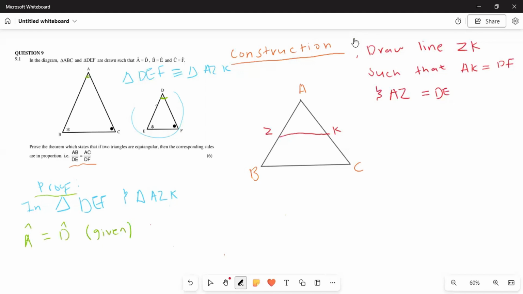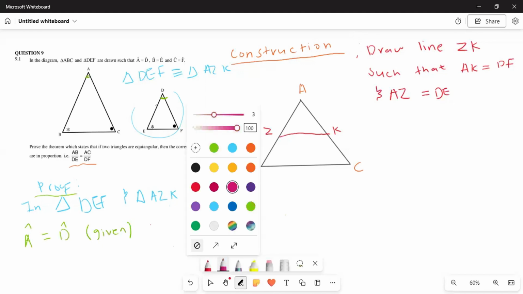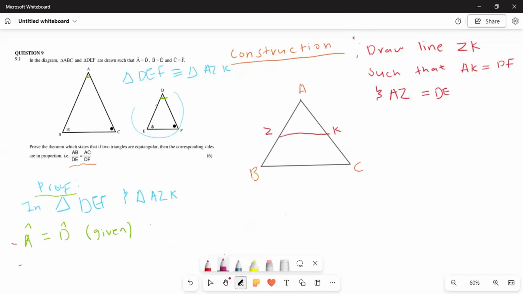This is the first thing that we've proved in these two triangles, that they are equal. Now, the second thing, I'm going to say my line AZ, which is this line from A to Z, is equal to DE. And I've mentioned that in my construction, whereby I said I'm going to draw a line ZK such that AZ is equal to DE. So my reason is going to be construction.